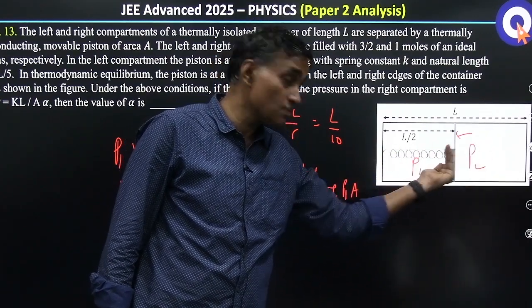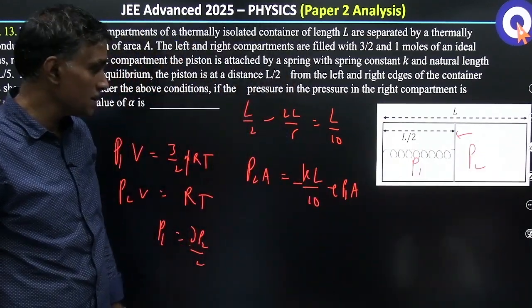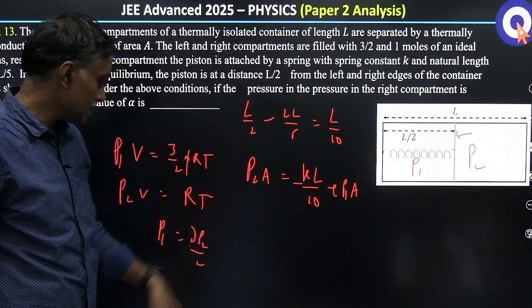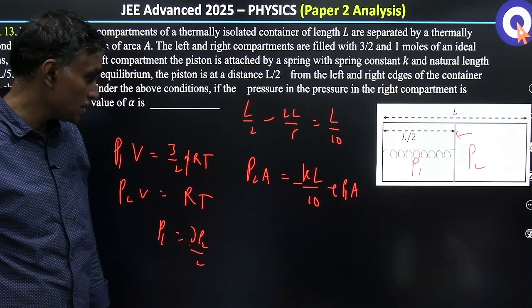So this force plus the spring force equals the force due to pressure in the left chamber. So here you can substitute P1 equal to 3 P2 by 2.